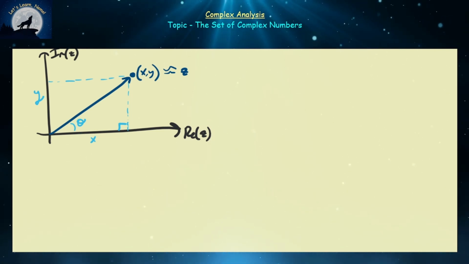So maybe we can use some of the two-dimensional representations of R2 and use them to represent things that belong to C1. In particular, we can represent any pair of numbers in R2 with respect to Cartesian coordinates, which is typical with x, y, and also polar coordinates, which is with respect to r, theta.